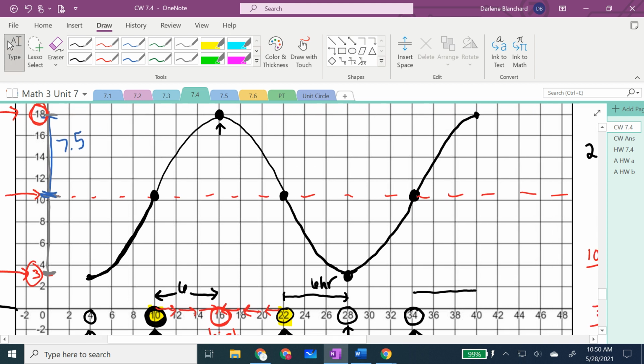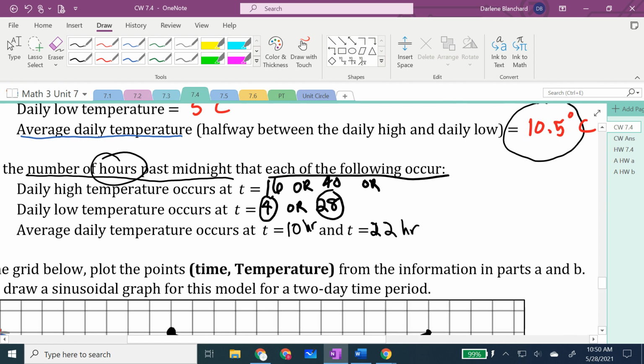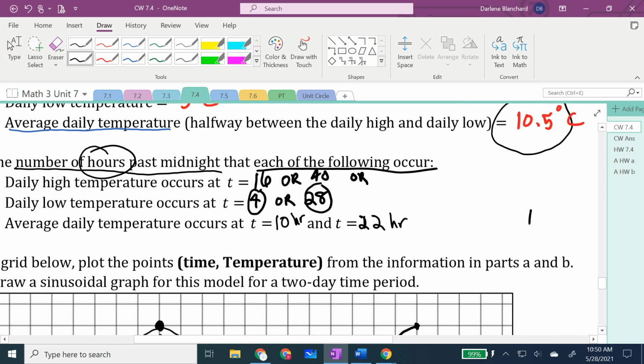It occurs again at time 40. But I could also say that it occurs at the time that is 16 minus the length of a cycle, 24 hours. 16 minus 24 is -8. So you could have said -8 as well.